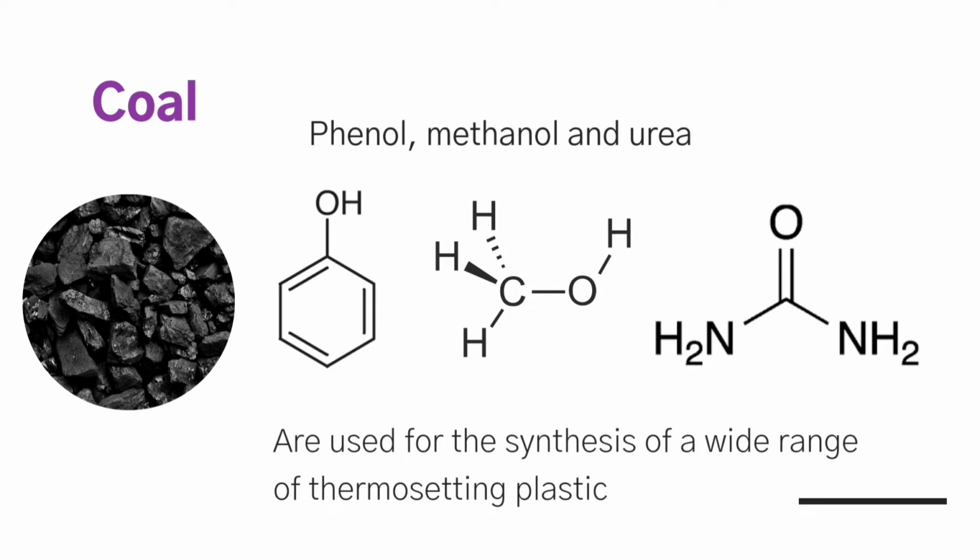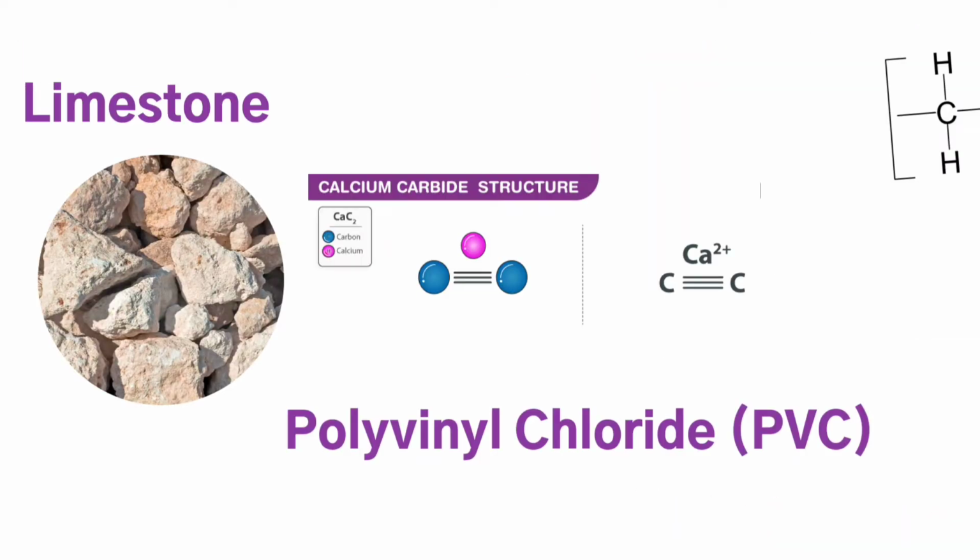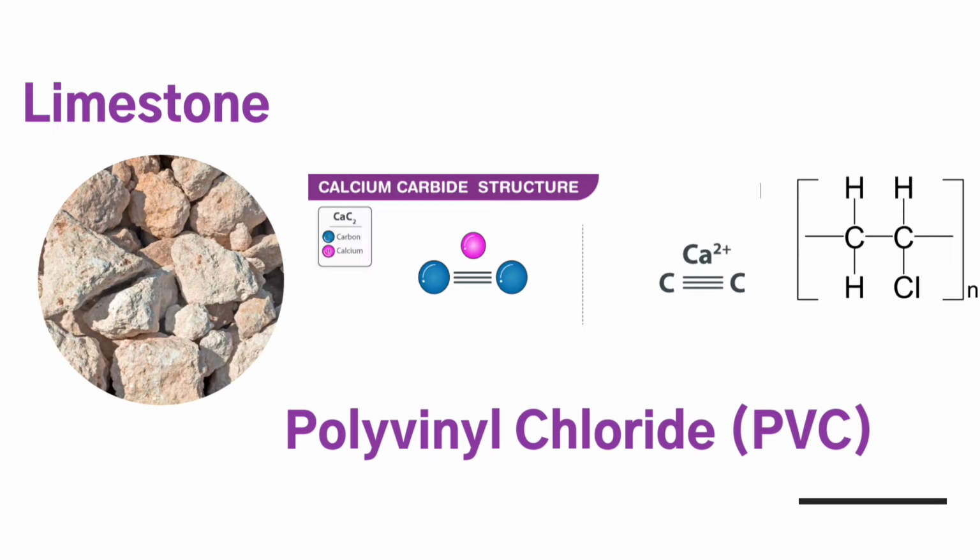Thermosetting plastics are different from thermoplastics because they are resistant to heat, and they cannot be recycled, unlike thermoplastics that are easily recycled and are not very resistant to what? Heat. And then limestone, when heated with coal, produces calcium carbide.